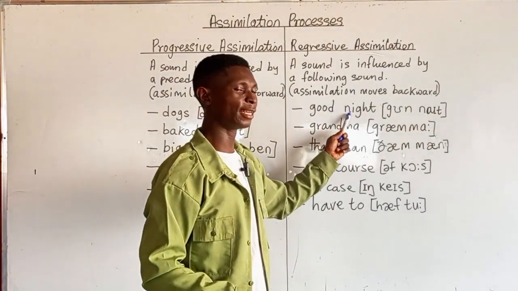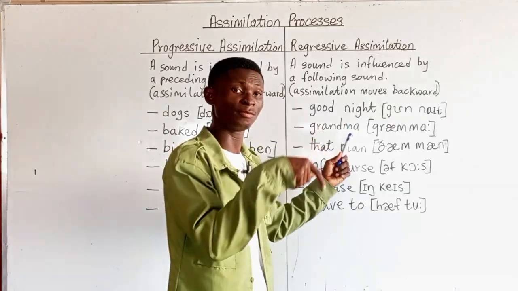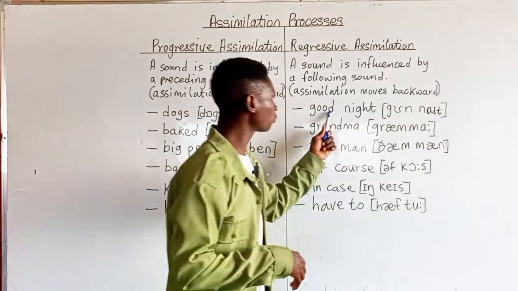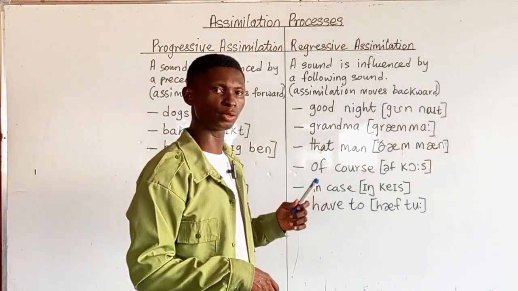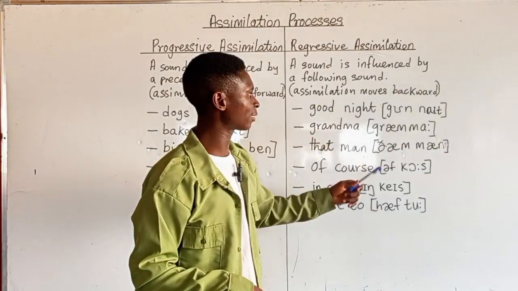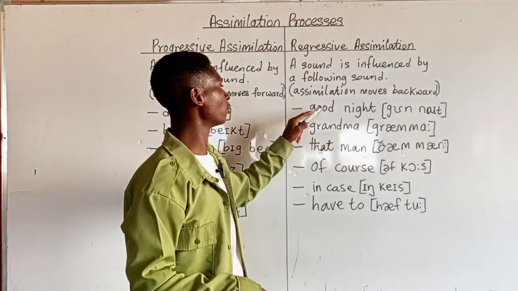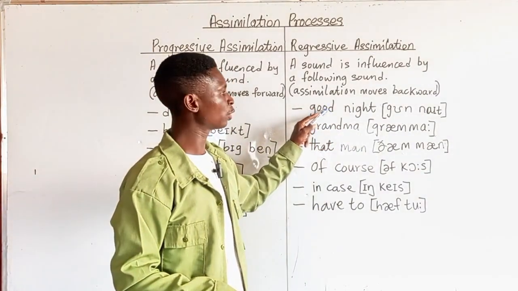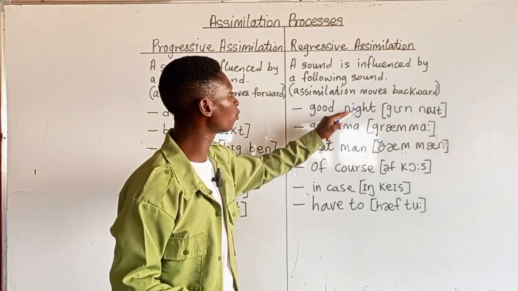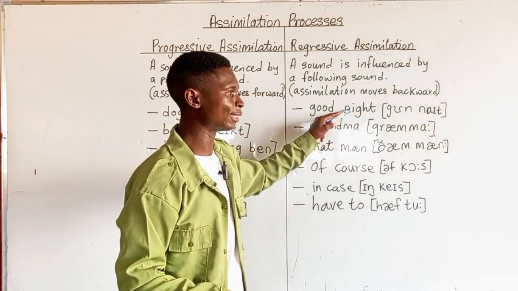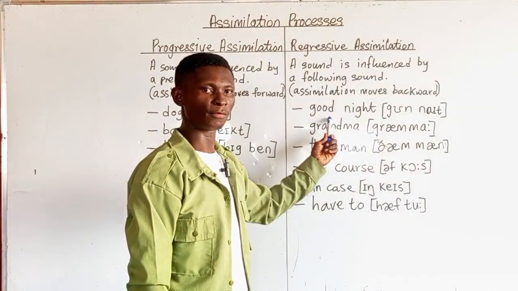Since this is a nasal sound, a sound that is produced with the help of the nasal cavity, the nose, the d will not be heard when you are joining the two words together. That is to say, this one comes back to influence the sound we have here. So this is a backward assimilation. Assimilation here moves backward from the sound in front to the one before it.